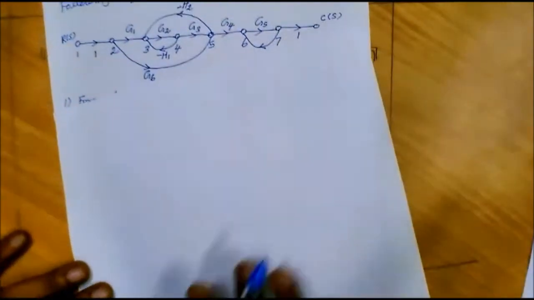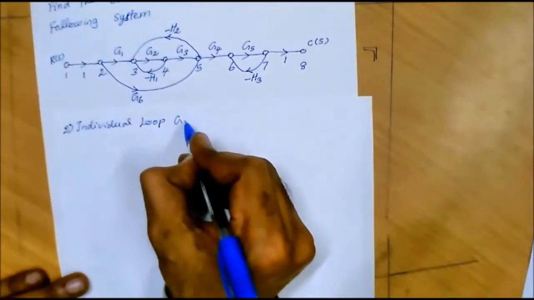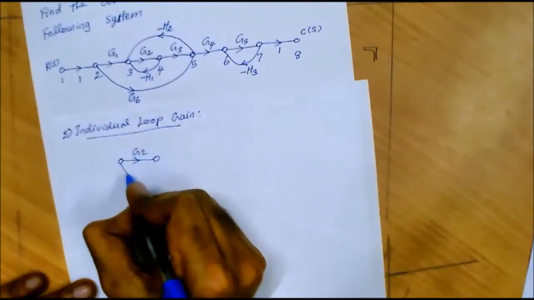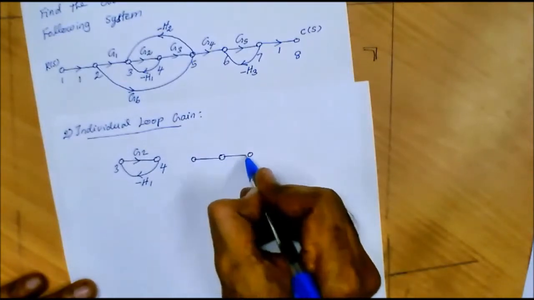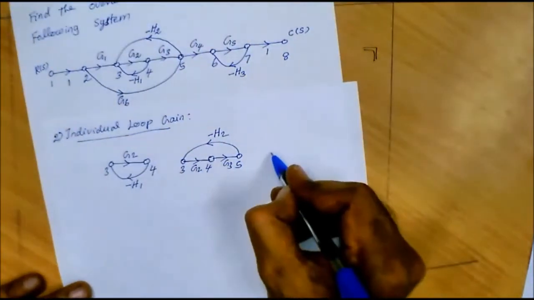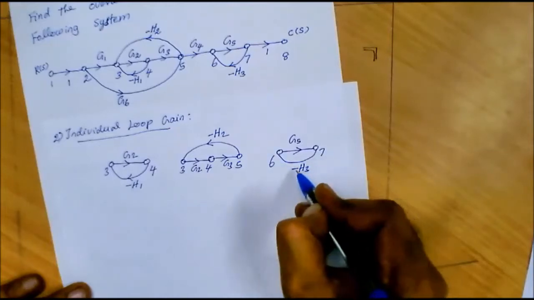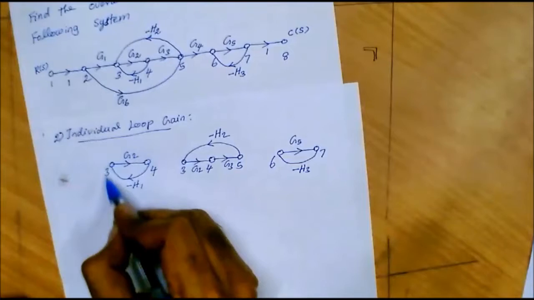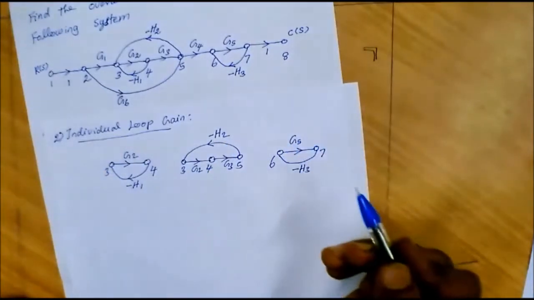So let us draw the individual loops. Here we have three loops. This forms the first loop, this forms the second loop and this forms the third loop.